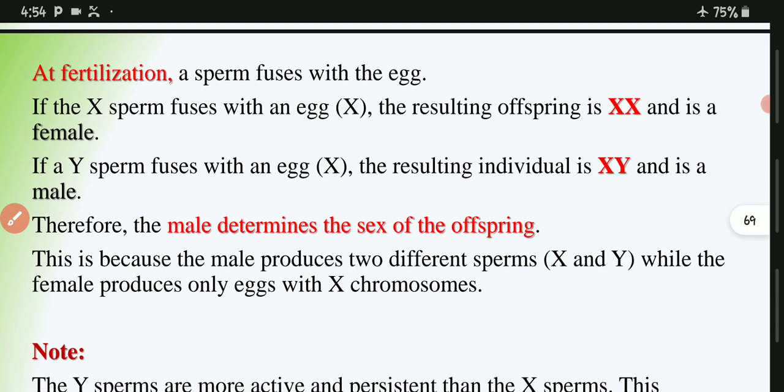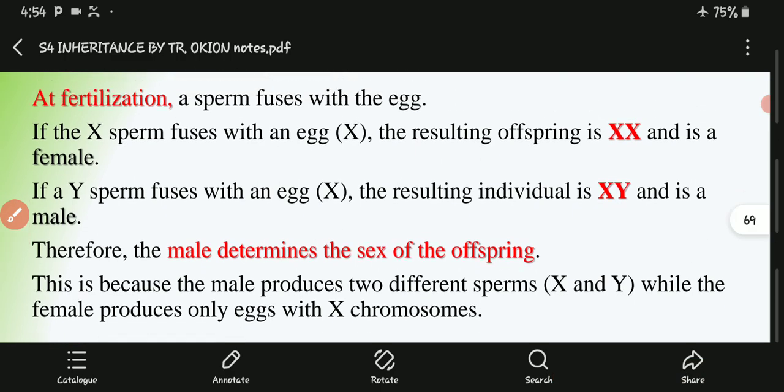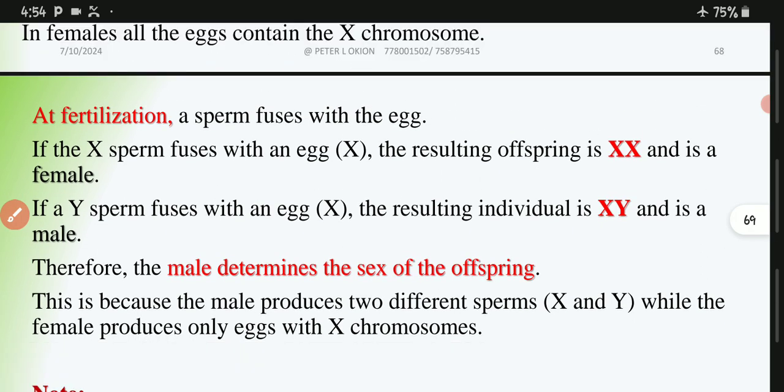At fertilization, a sperm fuses with the egg. If an X sperm fuses with an egg X, the resulting offspring is XX, and is a female.